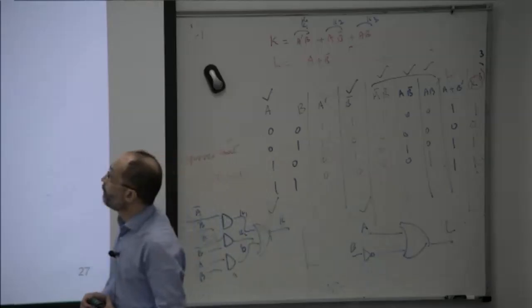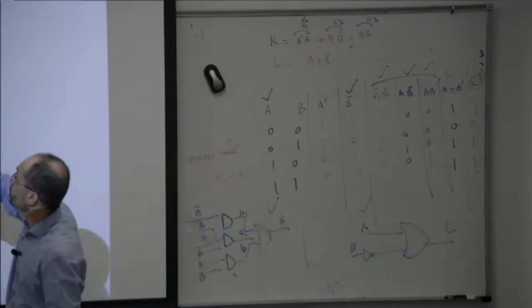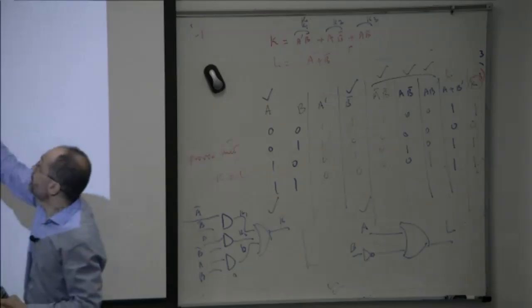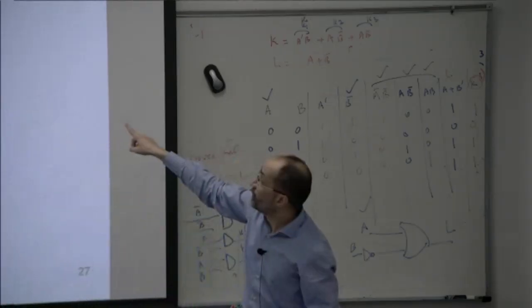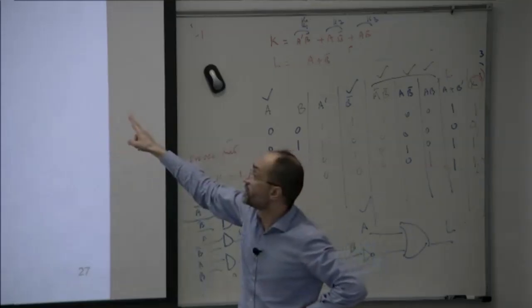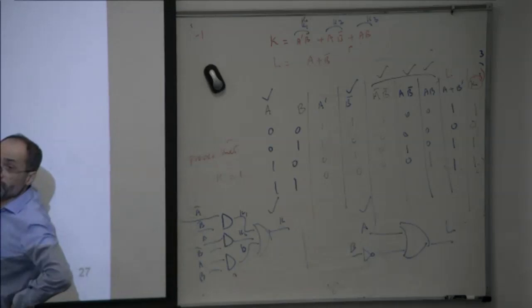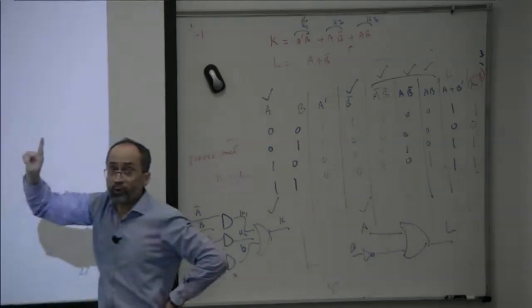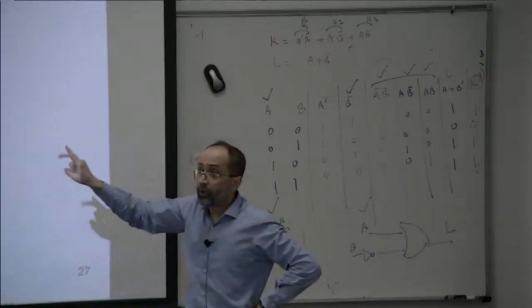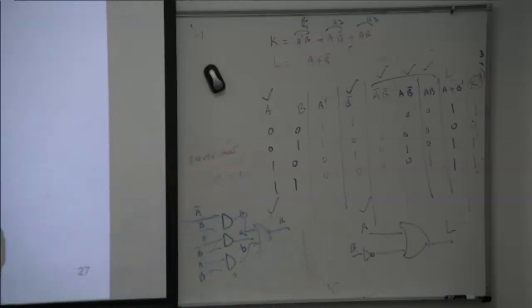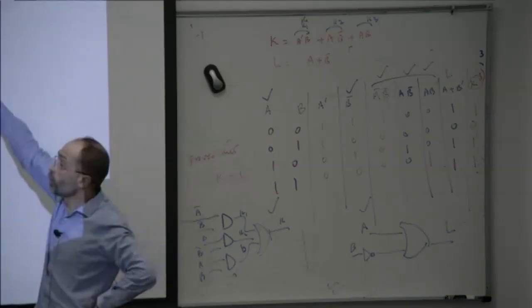Got it? Now if you look at the second term, which one is the reduced one, on the left hand side or right hand side? Right hand side is the reduced one. For this, how many gates do you need? 2 AND gates, 1 OR gate, 1 inverter, and a 2 input OR gate.